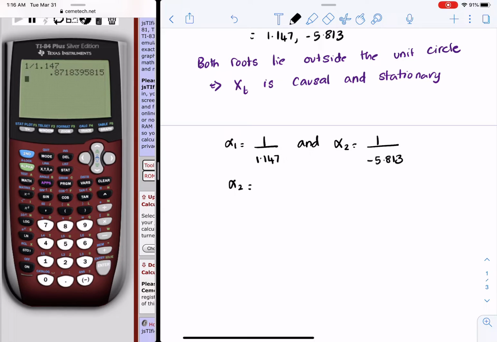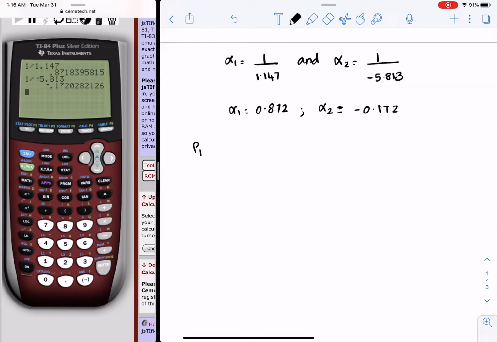That would give me alpha 1 equal to 0.872 and alpha 2 equal to negative 0.172.